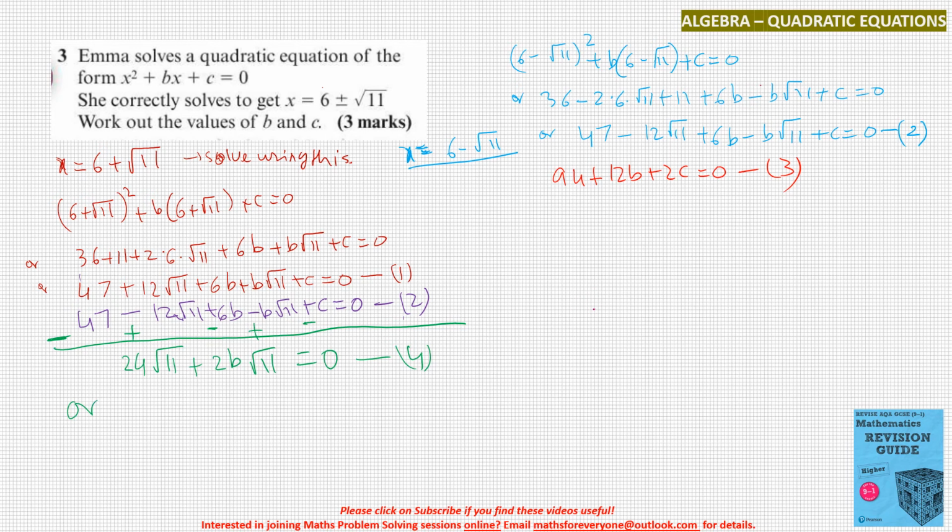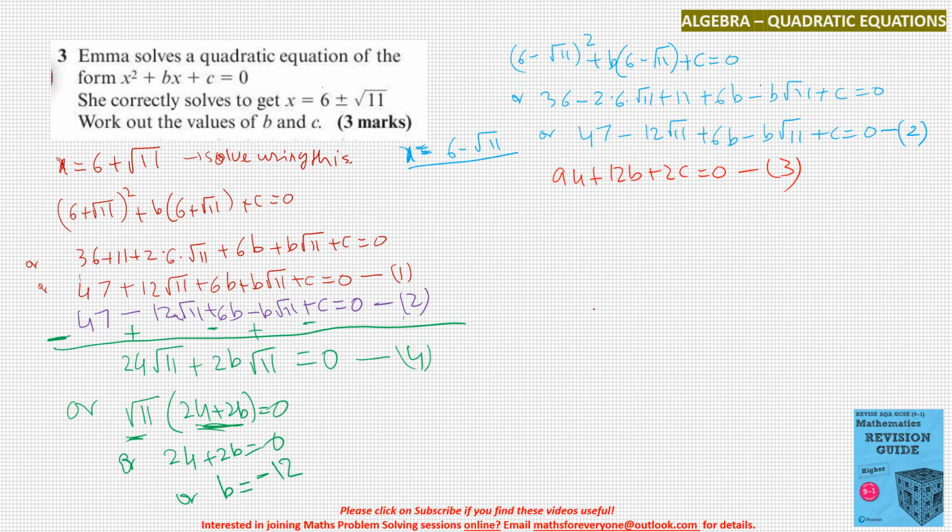Now if I bring the root 11 outside, put in bracket, 24 plus 2b equals 0, or ignore the root 11. So the term within the bracket equals 0. So 24 plus 2b equals 0, or b should be minus 24 by 2, that's minus 12.